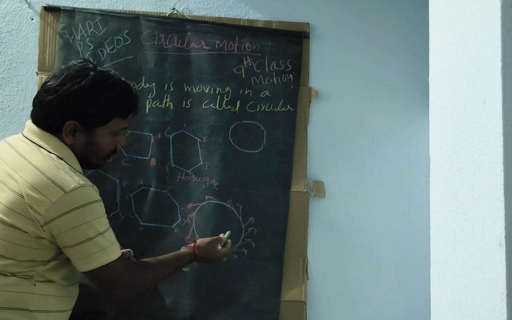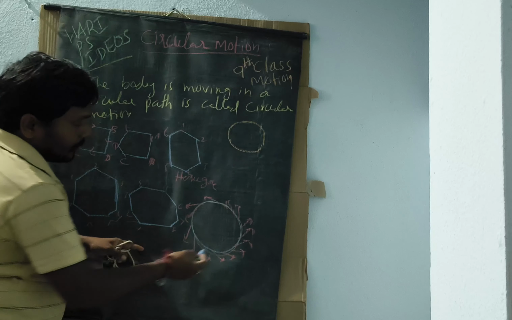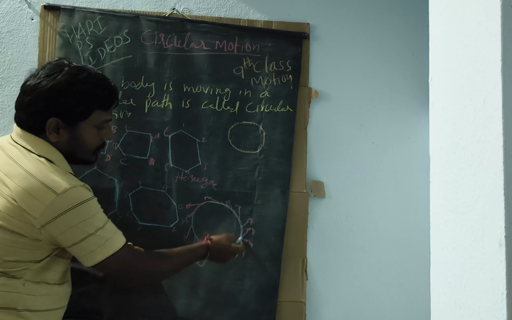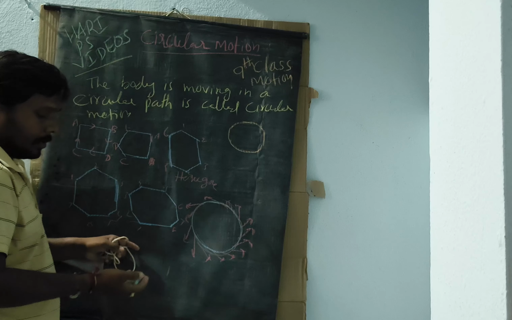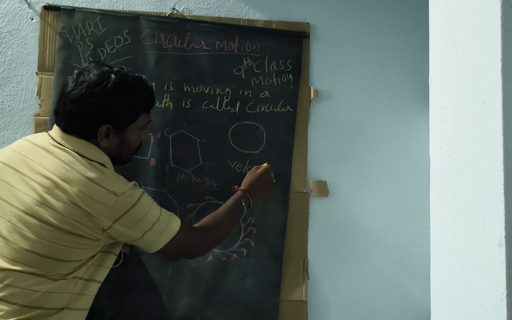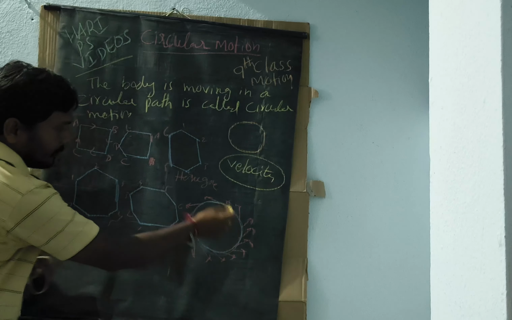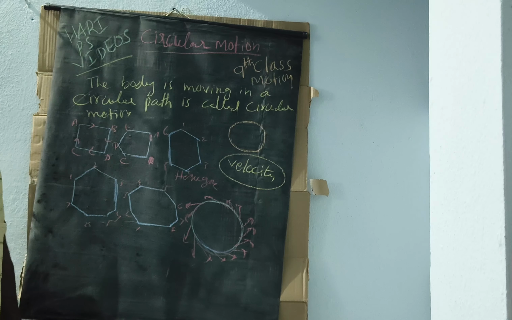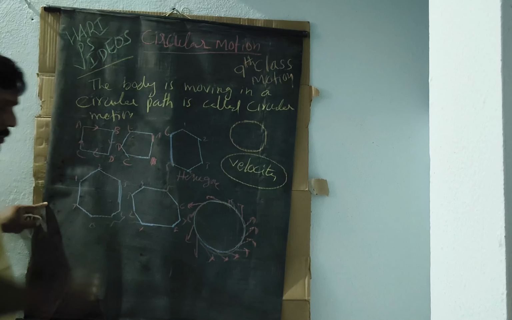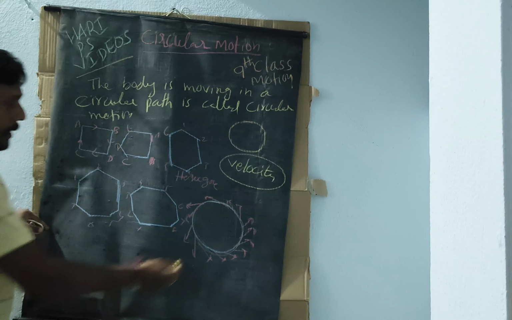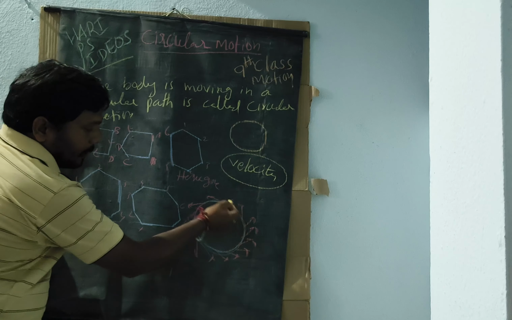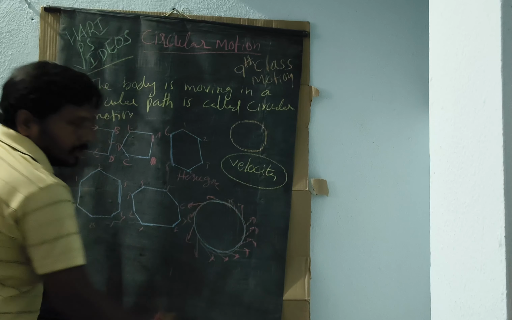As we know, if the speed is constant, when there is a change in the direction, we say the velocity changes. In the case of circular motion, at every point the velocity changes, because at every point the direction changes.